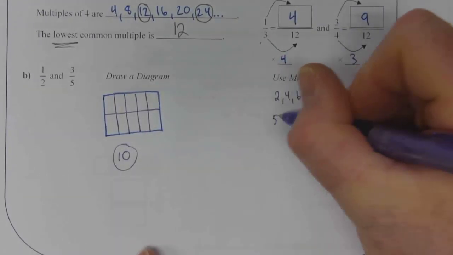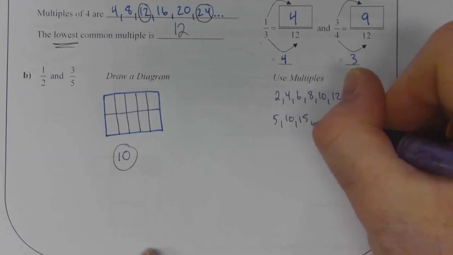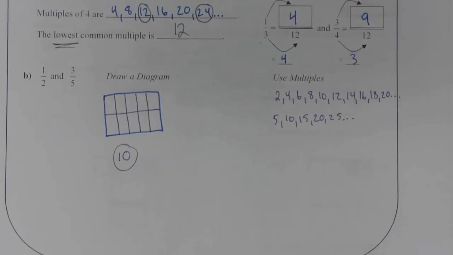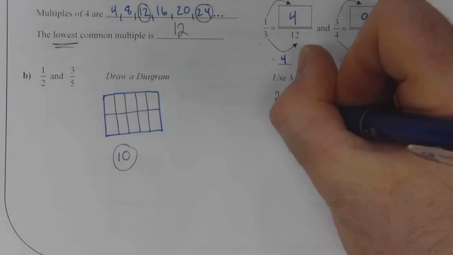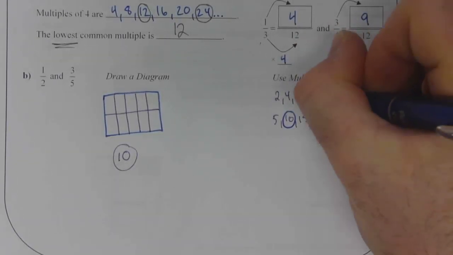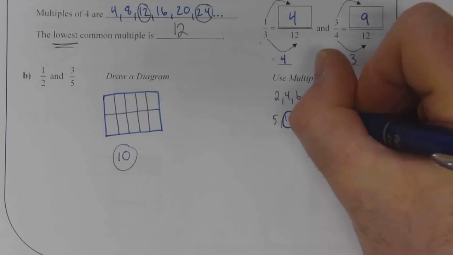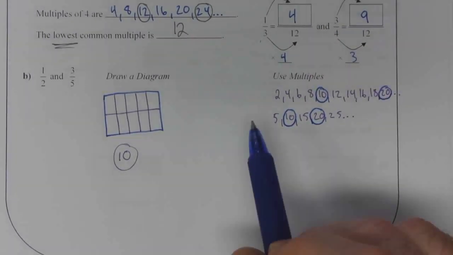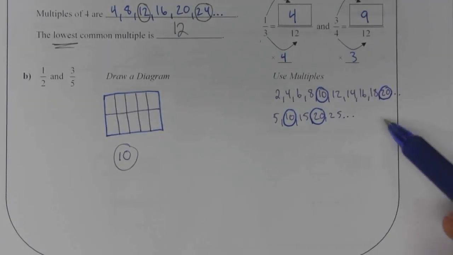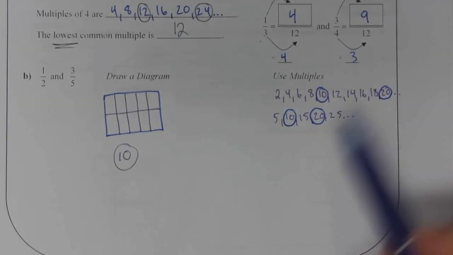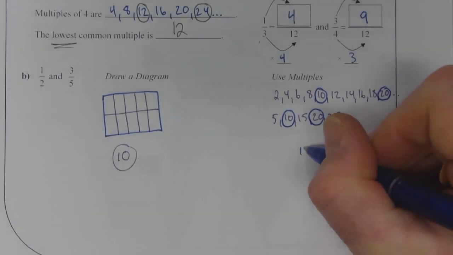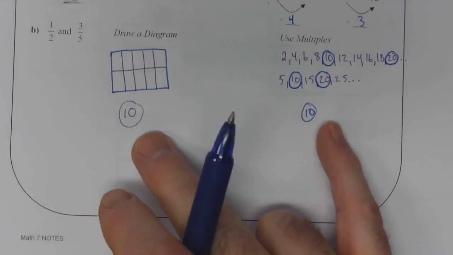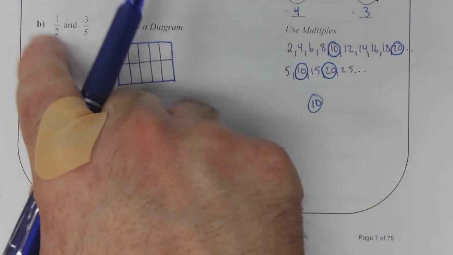For 5, we've got 5, 10, 15, 20, 25, etc. Again, look for common numbers. 10 is a common number. 20 is a common number. There is an infinite number of possibilities that you could use, but to keep it simple, we go with the littlest one, so 10.